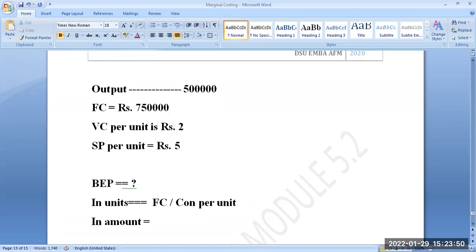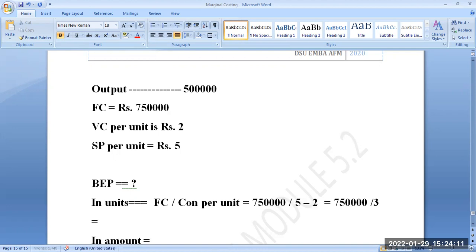Fixed cost is 7,50,000 divided by 5 minus 2. That is 3. So 7,50,000 divided by 3 is equal to 250,000 units.